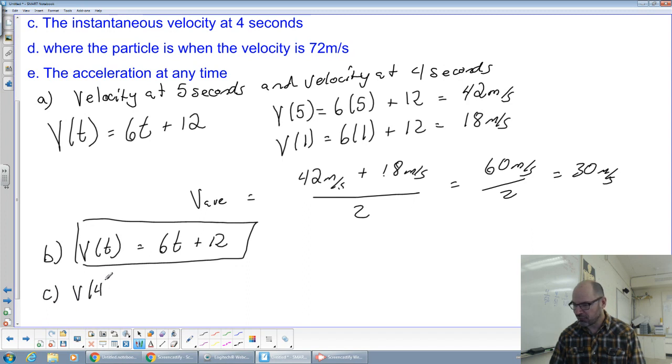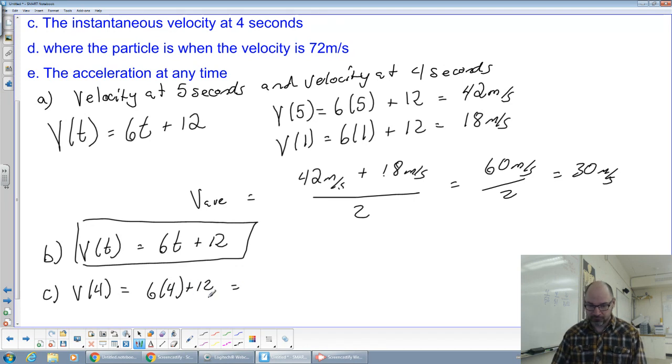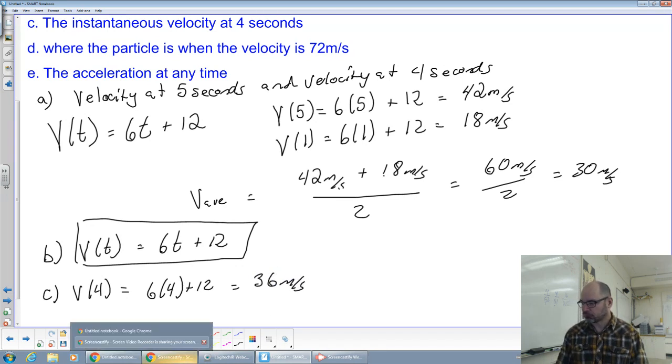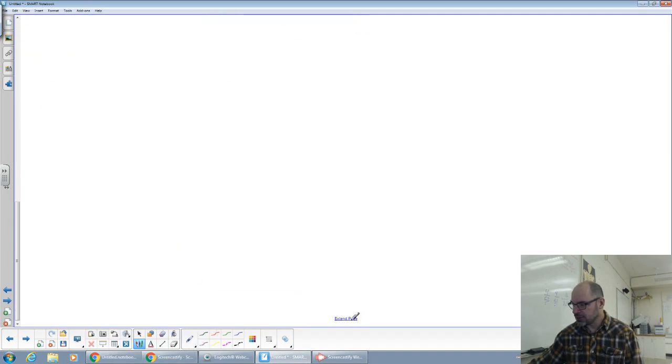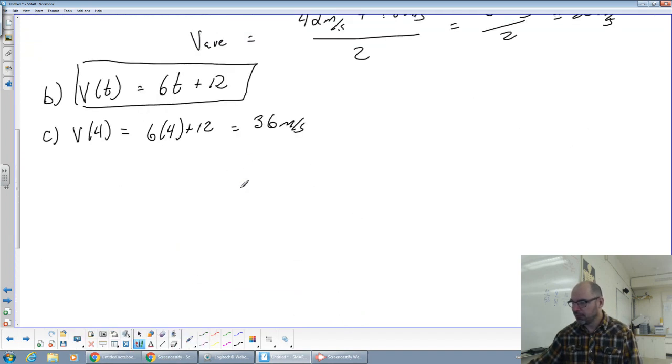So 4 seconds, we plug it in. So 6 times 4 plus 12. Okay, that's 36 meters a second. Okay, move this up a little bit.